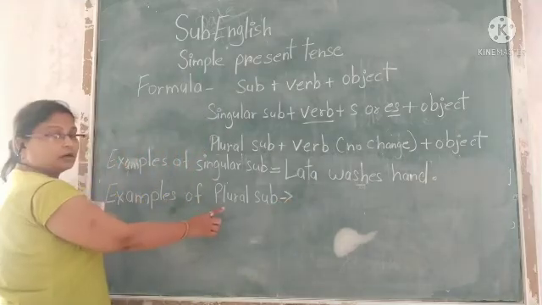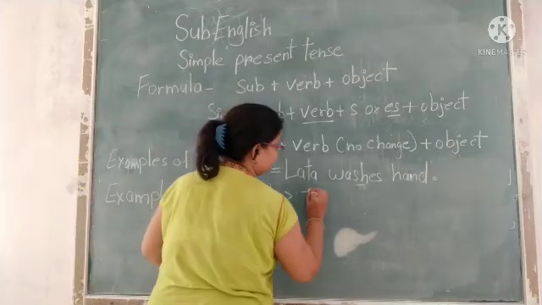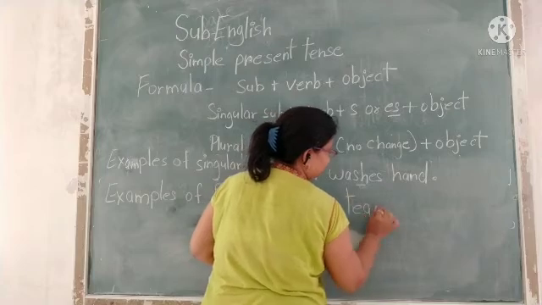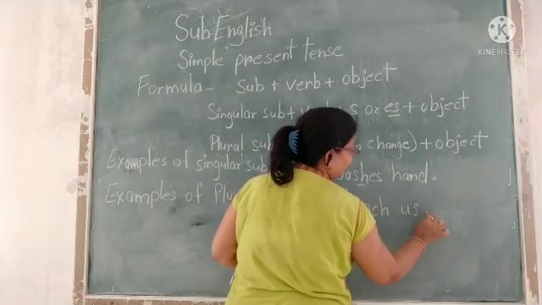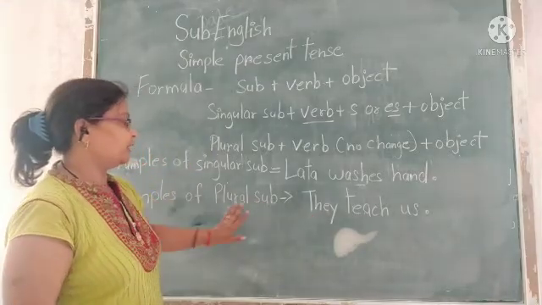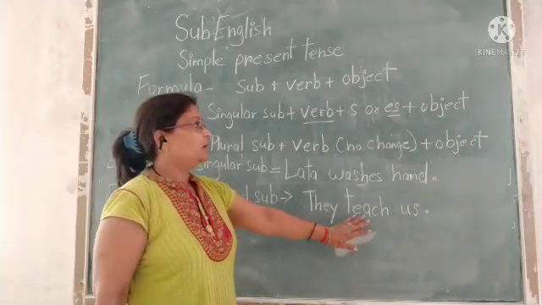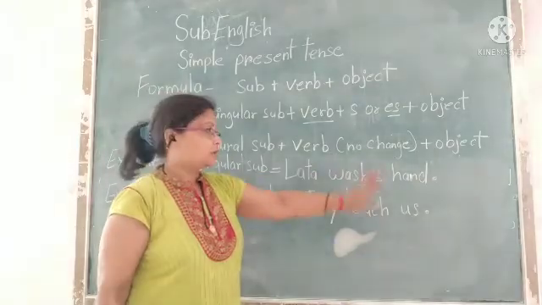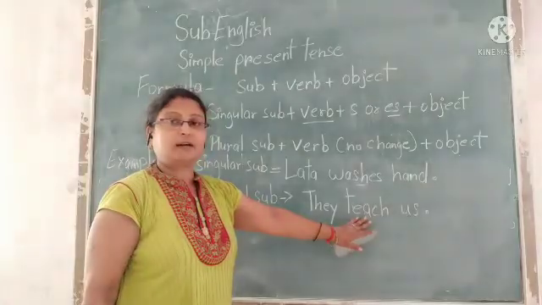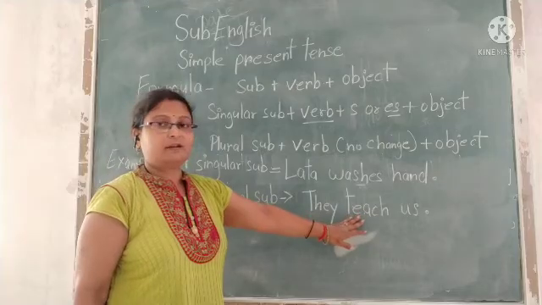Now we are looking at an example of our plural subject. Like they teach us. Full stop. They is a subject that is plural. So in our verb there will be no change. We write our verb as it is in our question. They teach us. There will be no changes in our verb.